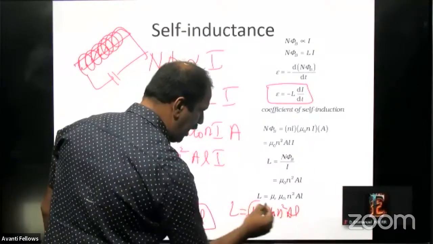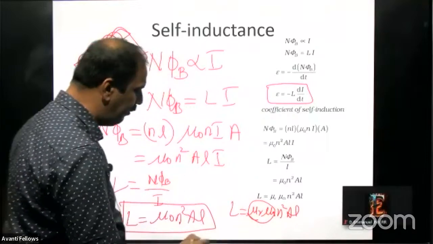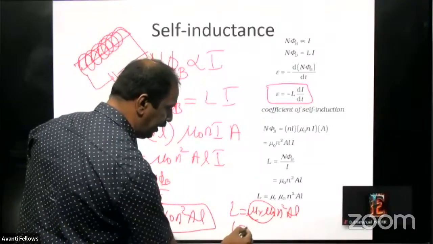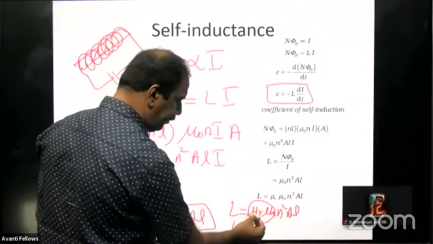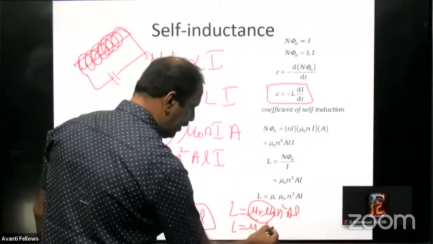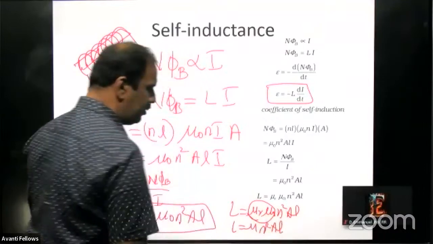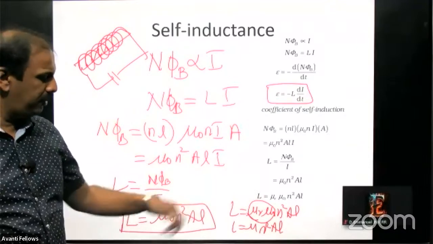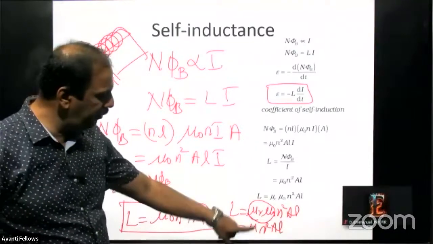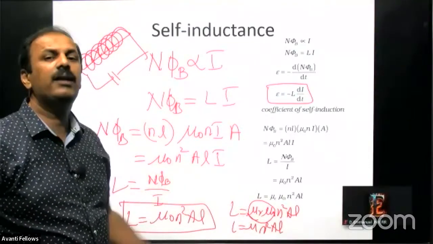So this mu r into mu naught, that can be written as mu also. So L is equal to mu into the same n square A into L. Okay. So this mu is called the permeability, that is the permeability of the medium. Mu r means it is the relative permeability.